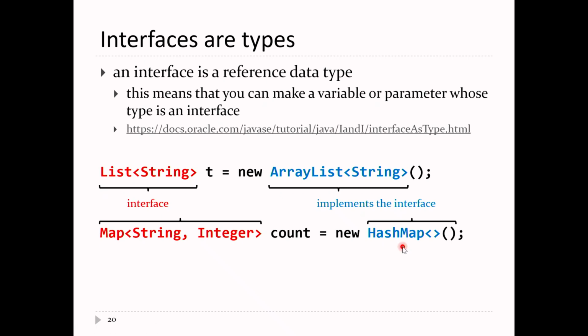For the class HashMap, one of its types is HashMap, but another one of its types is this thing called map. And so HashMap is interchangeable for map. The opposite's not true, so that's the funny thing in Java. If I need a HashMap, I can't just use a plain old map. So the interfaces are not substitutable for the classes, but the classes are substitutable for their interfaces. Again, we're going to see this in much greater detail later in the course.